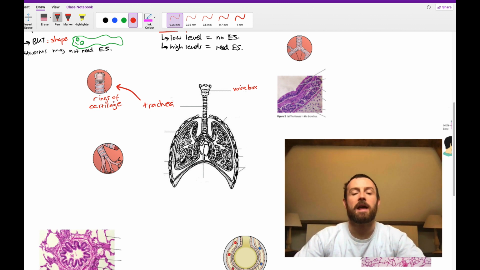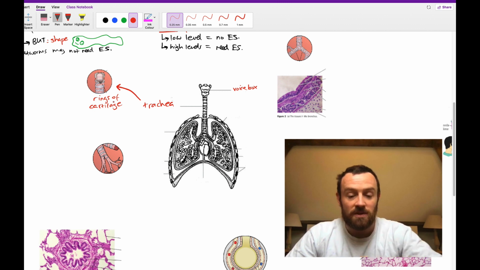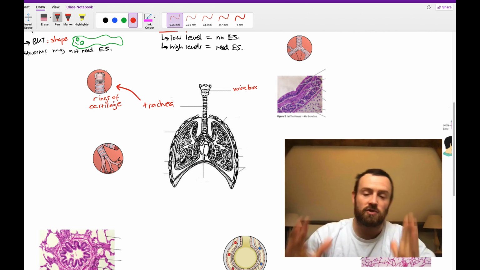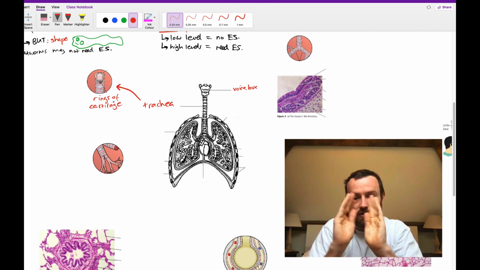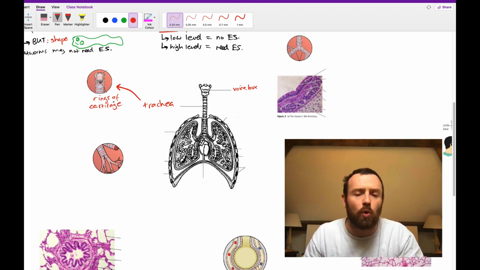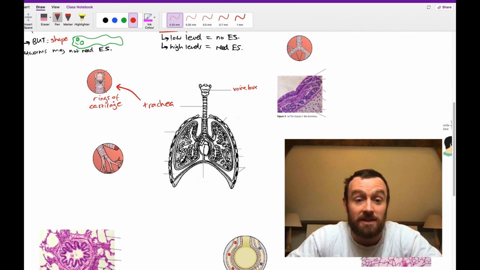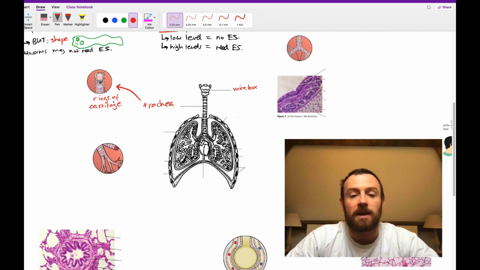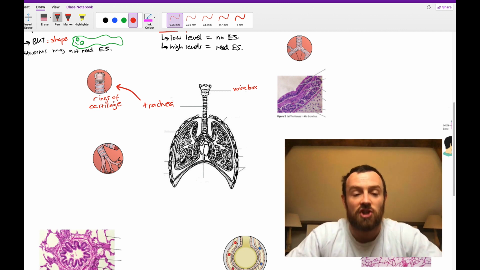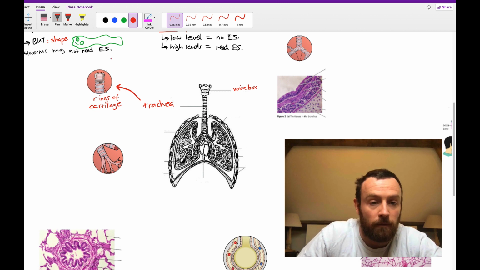If you ever try to suck sharply down a straw, sometimes the straw collapses and the two sides stick together, and then the water won't flow up the straw. That would be catastrophic. If you were to breathe in sharply and your trachea was to close and shut, that would be catastrophic. So these rings of cartilage keep the trachea open.